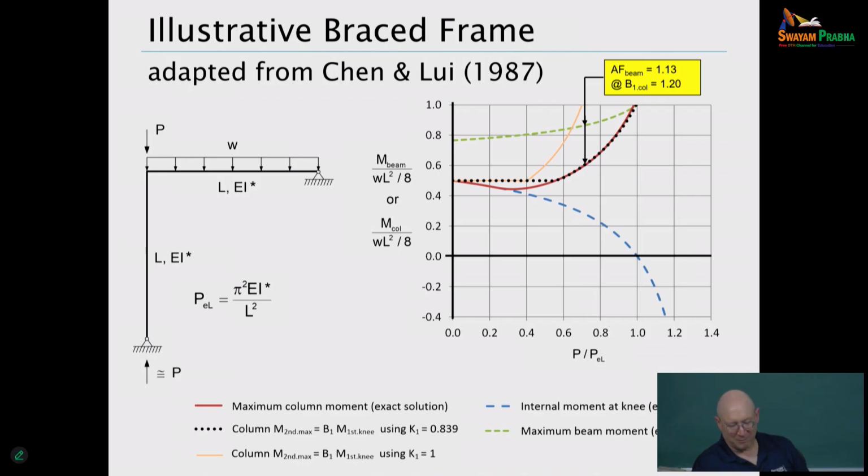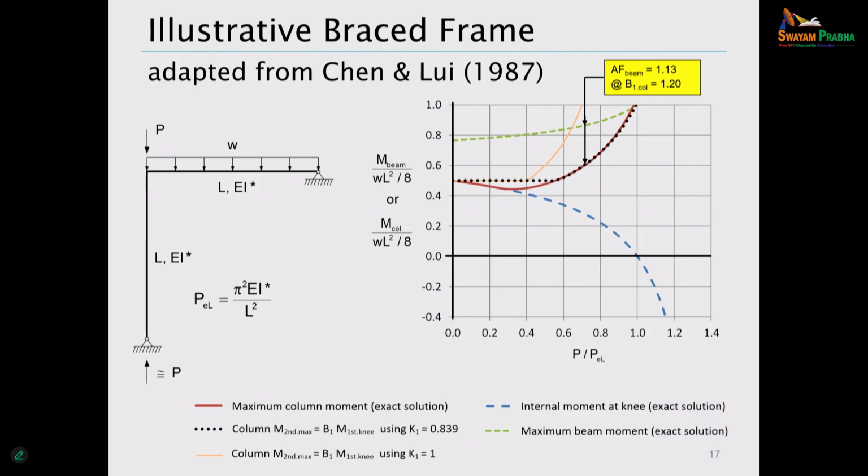So the red curve, for starters, is basically a rigorous theoretical solution, basically Euler-Bernoulli beam theory, so this is what we would get in terms of a second order maximum column moment. And notice that if you look at the horizontal axis of the plot, P divided by PEL, if P is equal to 0, we've got our first order solution.